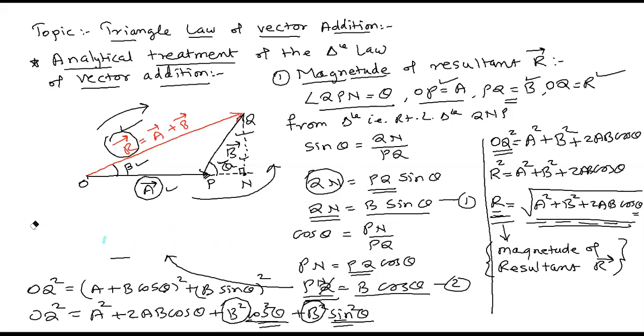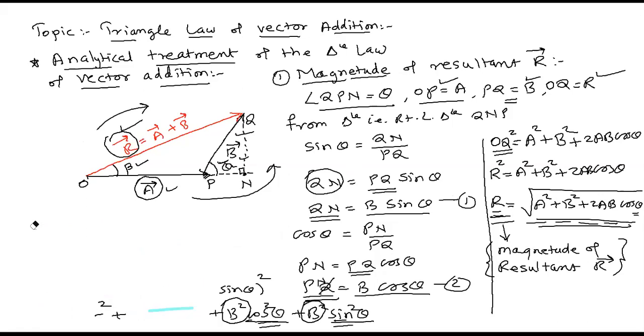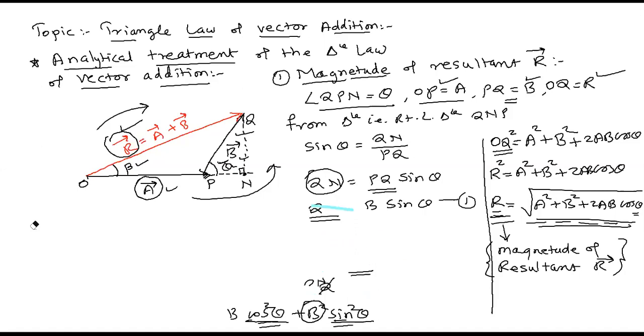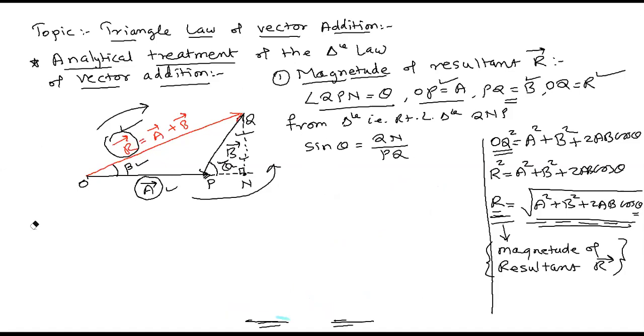So to find out the direction, that means we have to find beta here. Okay. So in case of finding the direction of the resultant vector, that is nothing but your R or vector OQ.